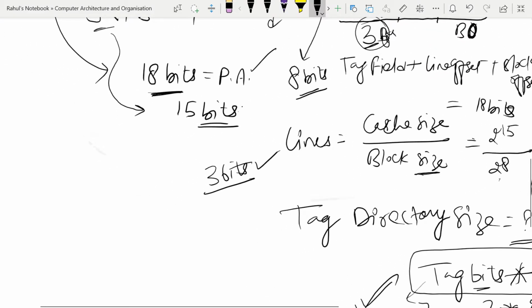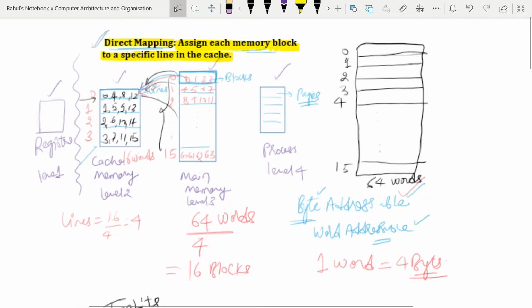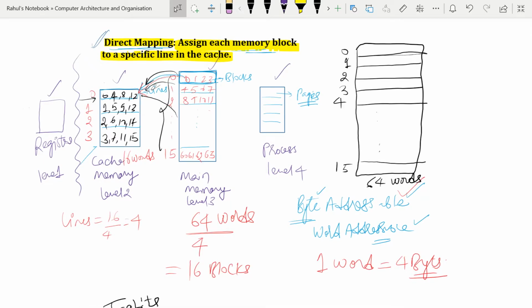So it is the complete concept of direct mapping. I hope it is clear to you. If you need some more examples, then please comment your queries, that sir, we are having a problem in that part. So I will try to explain it further once more, taking one more example. But basically, assigning each memory block to a specific line in the cache is called direct mapping.